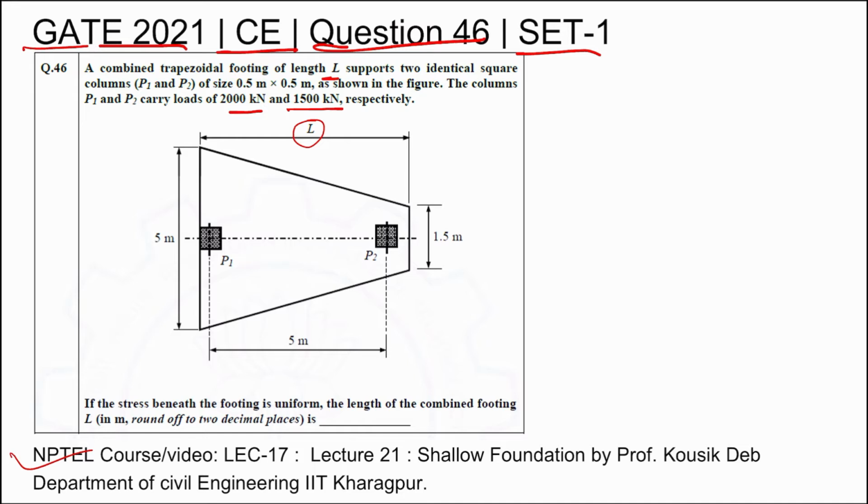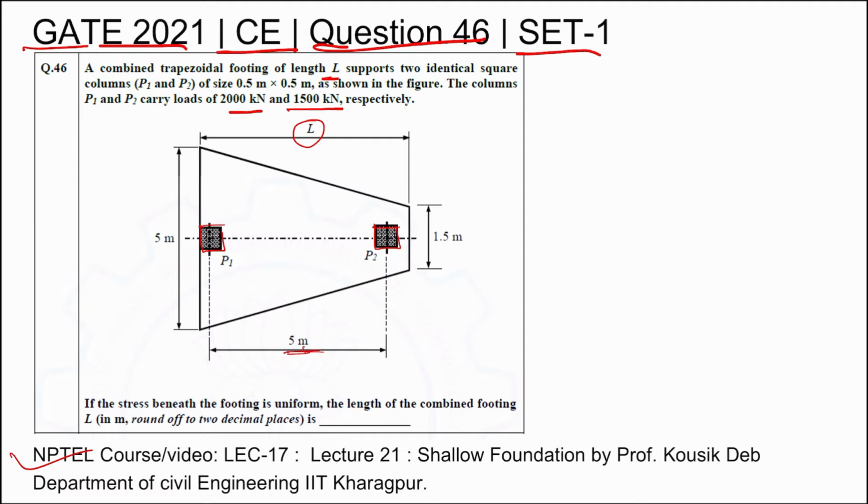Let us understand this question. They have given that both the columns are square, of size 0.5 meter by 0.5 meter. This one has a 2000 kN load and this one has a 1500 kN load. They have asked for this L, and they have also given the center to center distance between the two columns as 5 meter.